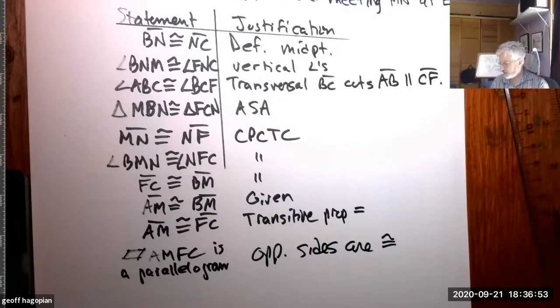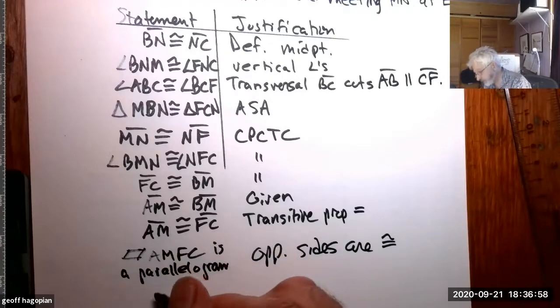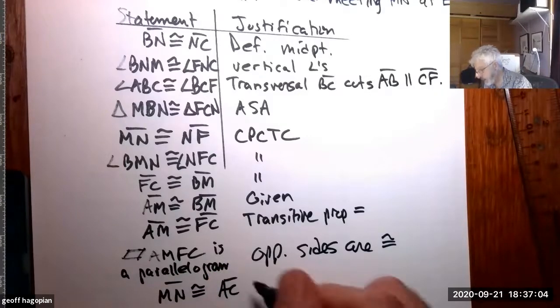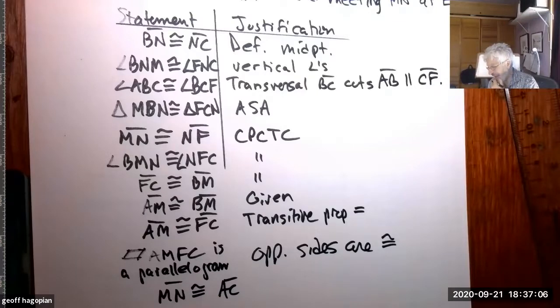So since it's a parallelogram, opposite sides are parallel, right? So MN, that was a little bit tricky. MN is parallel to AC, and N is the midpoint of MF, right? Did we say that?